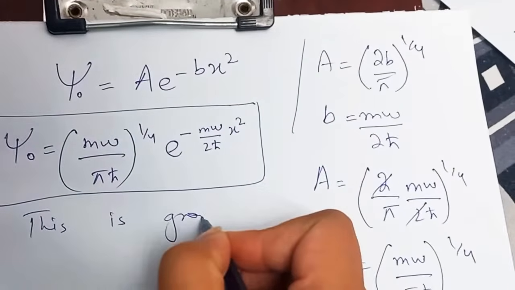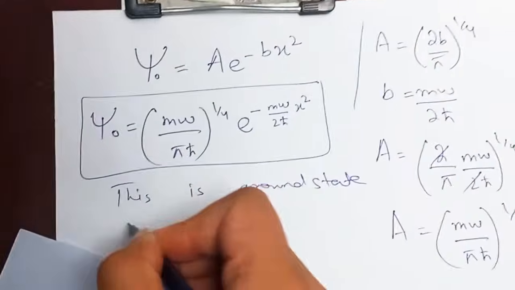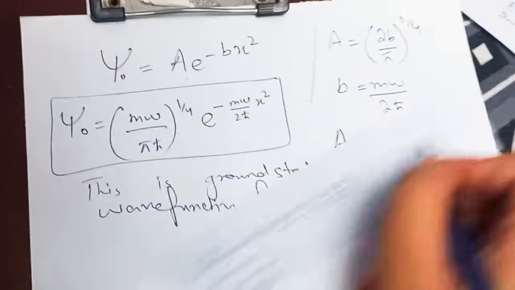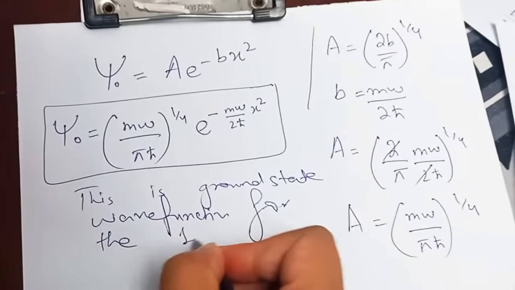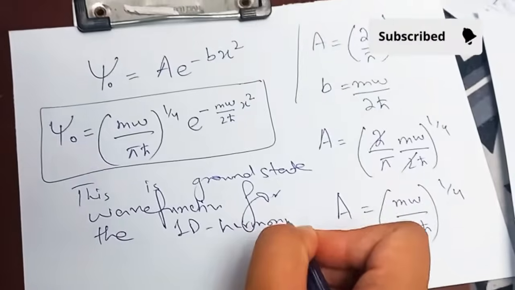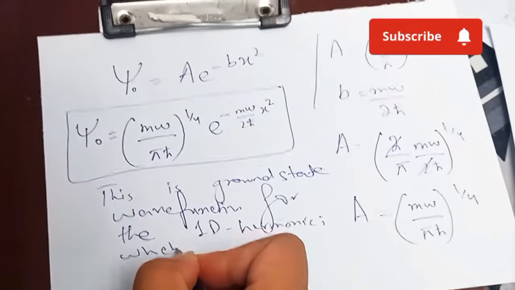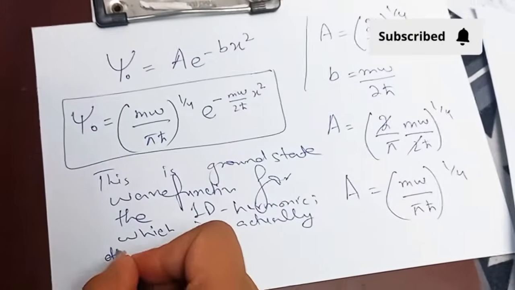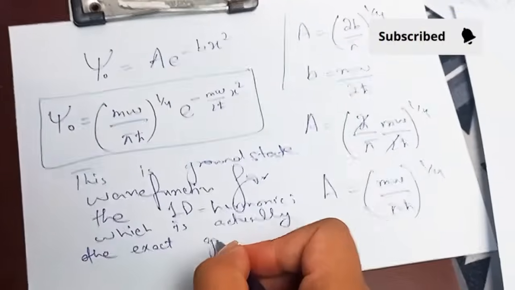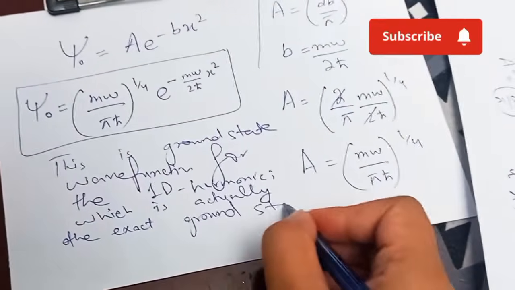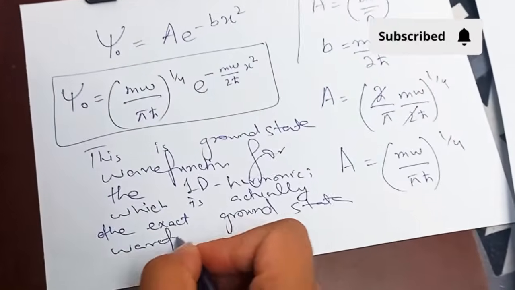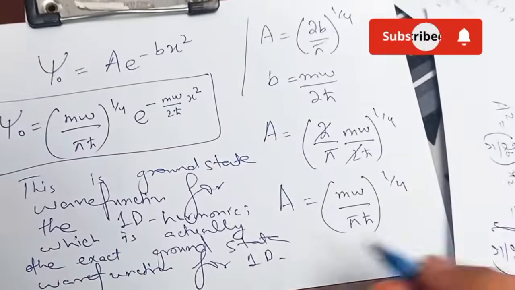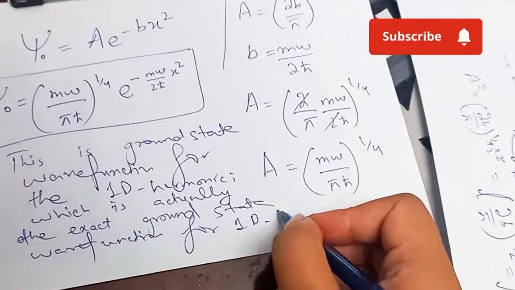This is the exact ground state wave function for the 1D harmonic oscillator. The same statement could be said for the ground state energy that we got.